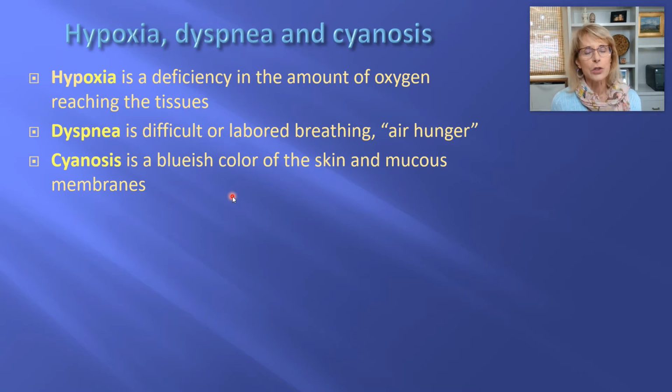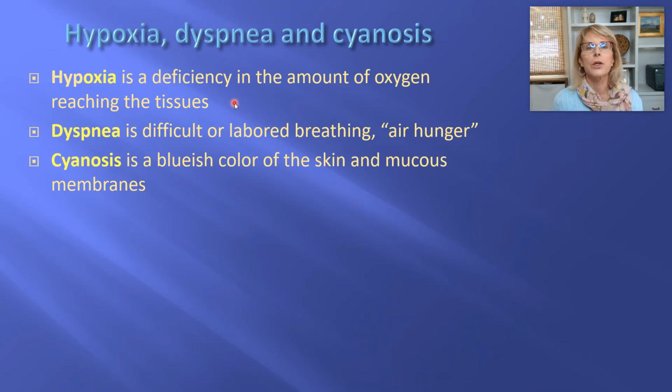I'd like you to know these terms for the exam. There are 3 terms that are all related to trouble breathing. These are medical terms. The first one is hypoxia. Hypoxia is technically not enough oxygen reaching the tissues. During this coronavirus crisis, patients go into the emergency room and they get a pulse oximeter put on their finger.